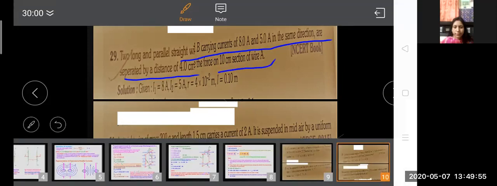Next question is, two long parallel straight wires A and B carrying currents of 8 ampere and 5 ampere in the same direction are separated by a distance of 4 centimeter. What is the force on a 10 centimeter section of wire? You can apply the formula of force experienced by two parallel conductors placed at some distance from each other.